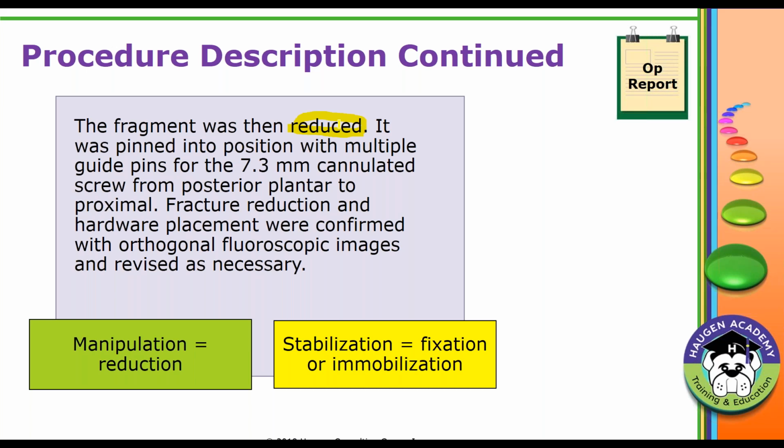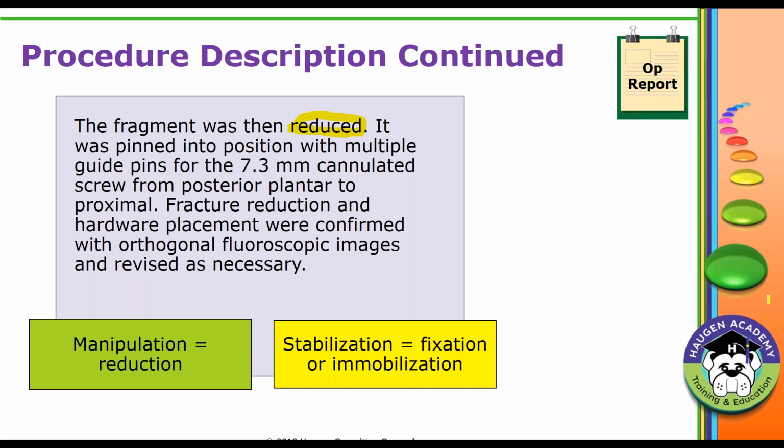So manipulation equals reduction, and then stabilization equals fixation or immobilization. So the reduction gives us the type of manipulation, and then it was stabilized with the screws or the hardware. So we'll need to know both of those pieces of information for our CPT coding.